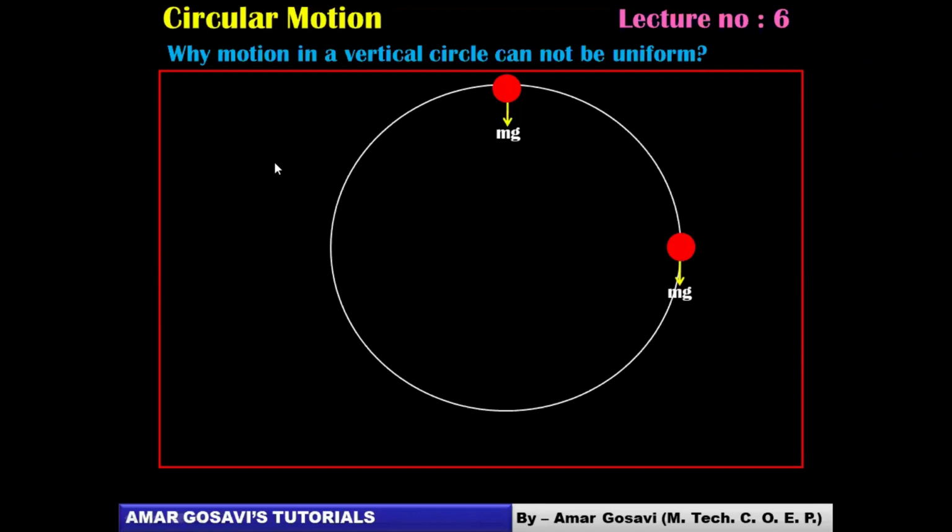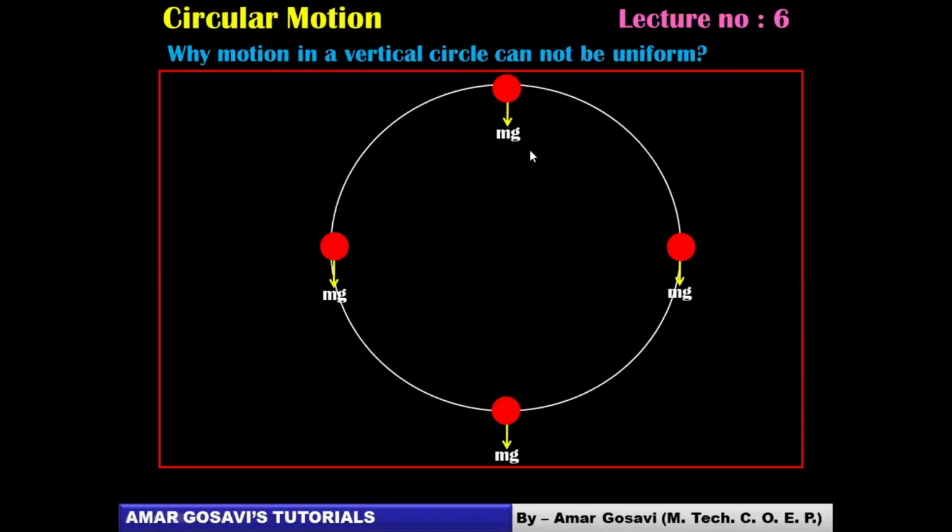Let's talk about another position of a body where you can see the body is at midway position. So you can see the second position, midway position. Let's talk about the bottommost position, and let's talk about the fourth position which is being seen over there. So everywhere if you observe friends, the distance of the object from the center of earth will vary.